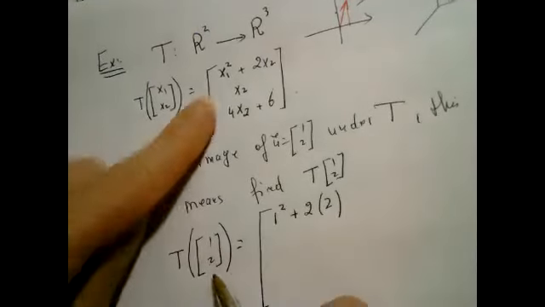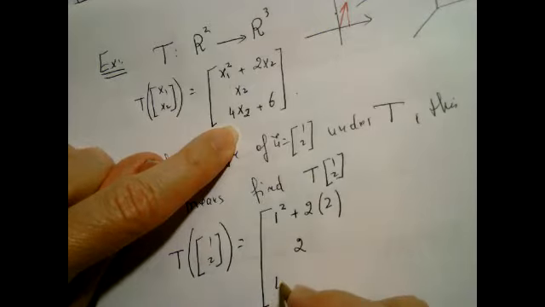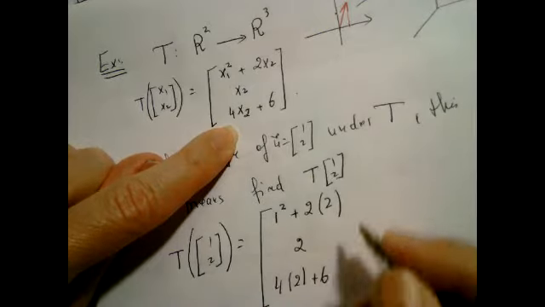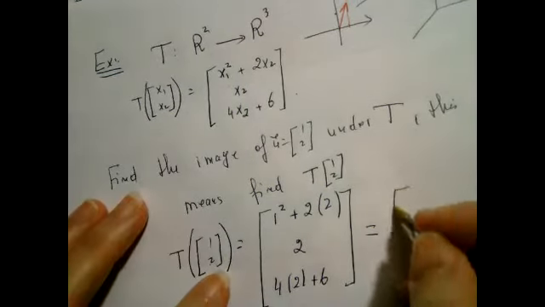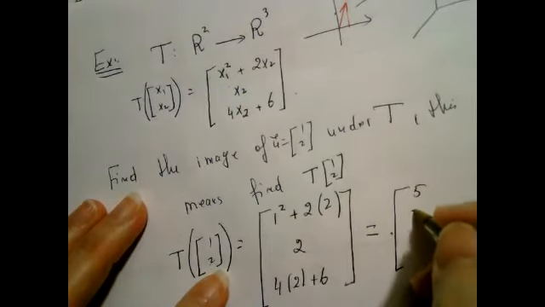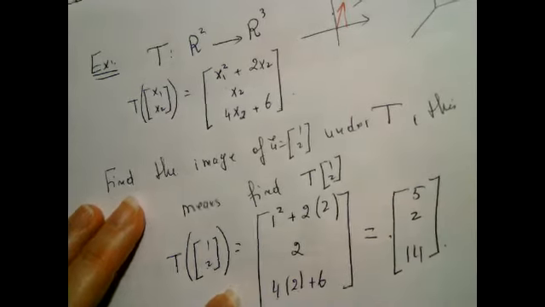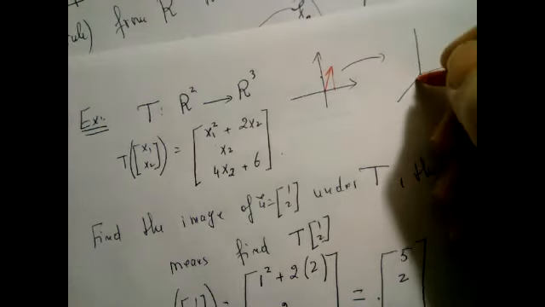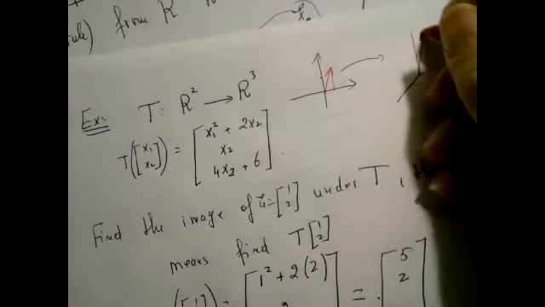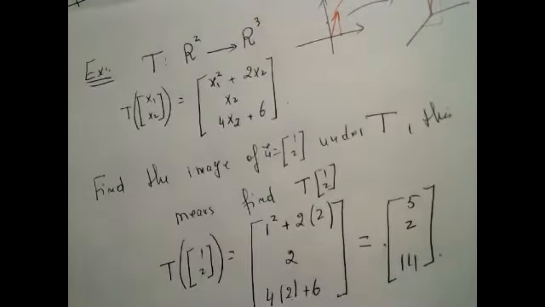The second entry is the second component, and the third one is 4 times the second component plus 6. That's how we read it. So this gives me 1 plus 4, that's a 5, then 2, and this gives me 14. So the function takes 1, 2 to the vector 5, 2, 14 in R3. That's really an example of how a transformation will be given.